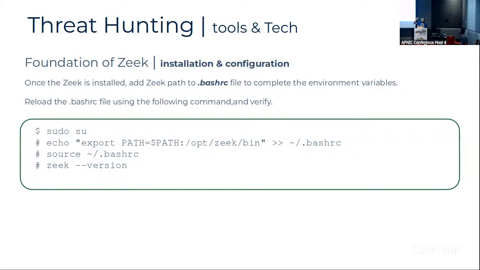Anything for log, anything for configuration, all the etc and var log directories are located under /opt/zeek. So we will be seeing all those in the next version. And once the source has been declared, execute this particular fourth command, zeek --version, to check what version has been installed on your system.